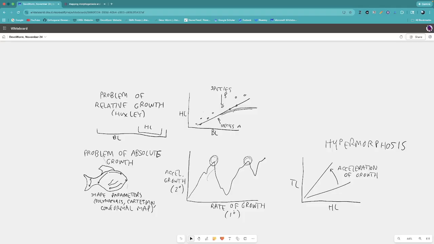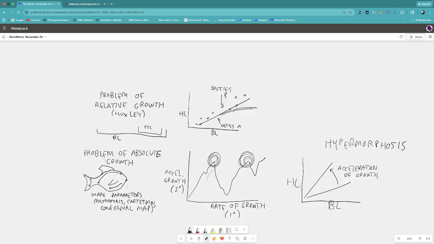You can explore it using gradients, things like that. So we could actually do a lot of interesting mathematics with absolute growth that we can't do with relative growth, or at least directly with relative growth. So that's interesting. And people haven't really explored absolute growth as much as they maybe could. An interesting area.